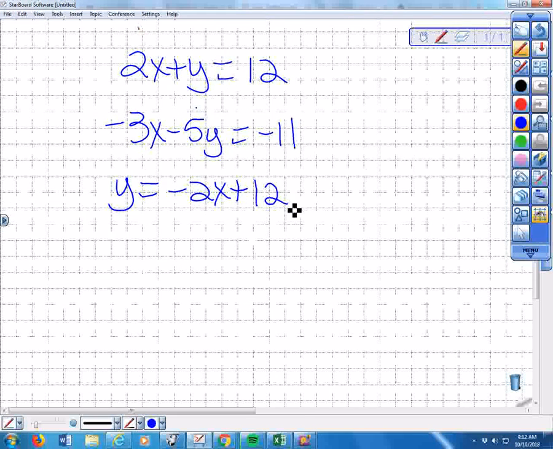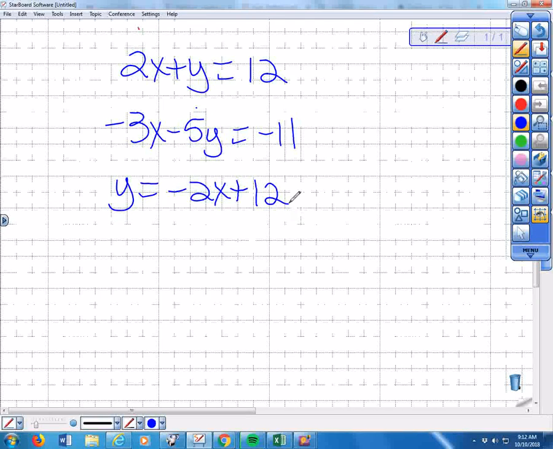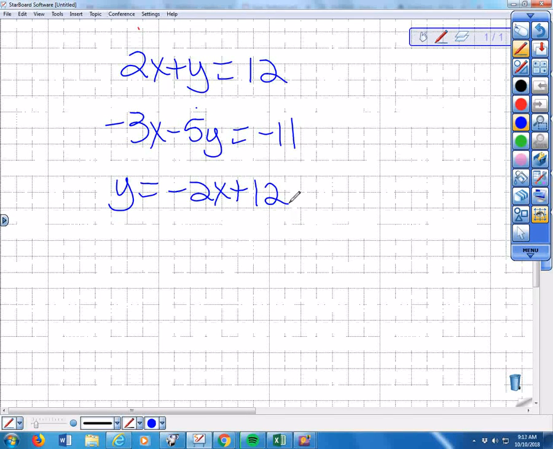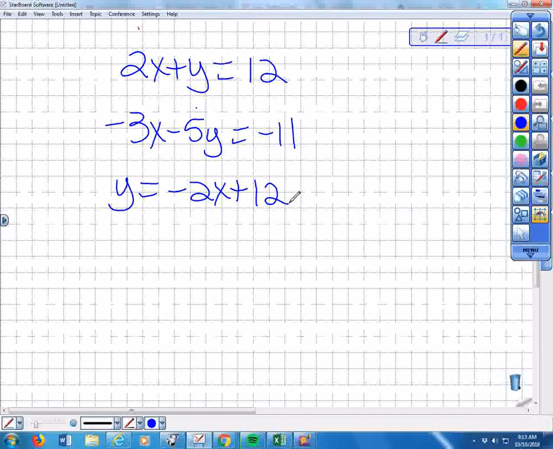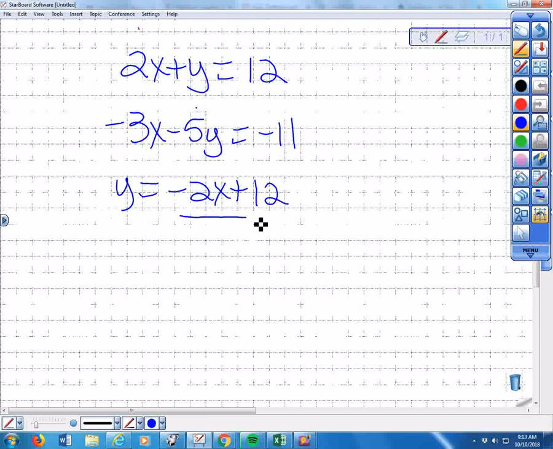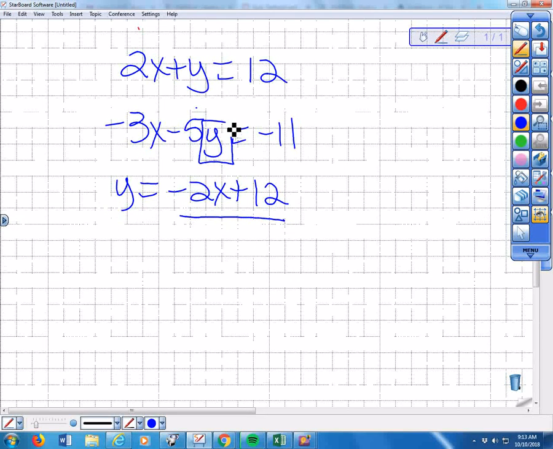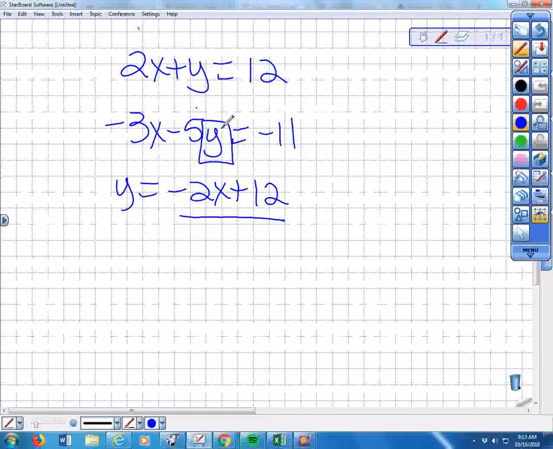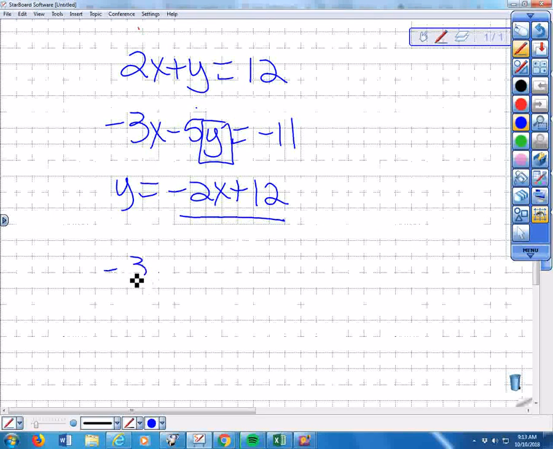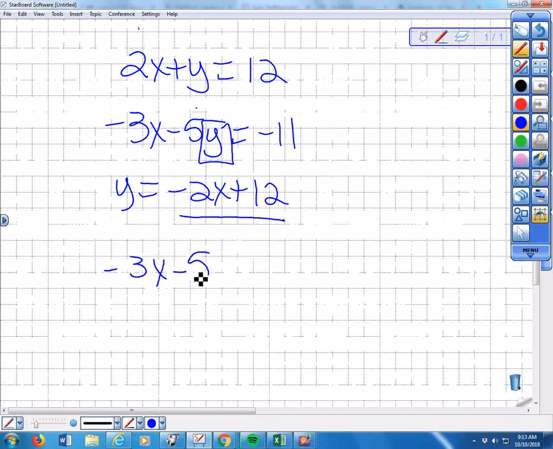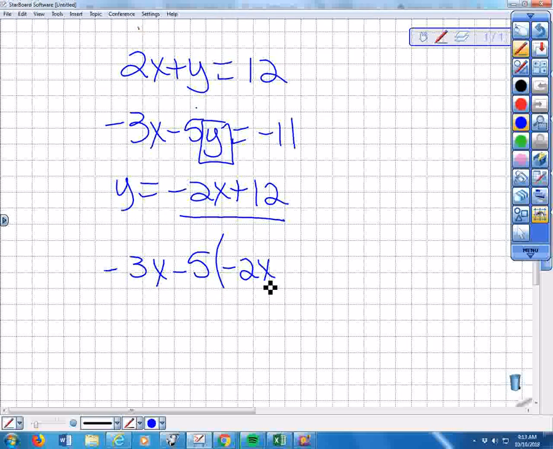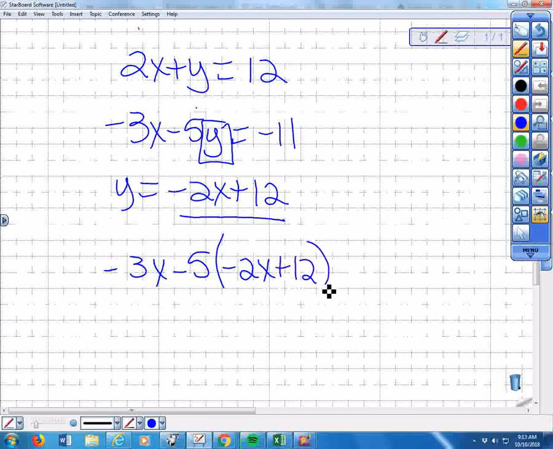And I get this. Okay? Now, I'm going to substitute this in for y here. Okay? So I'm going to get negative 3x minus 5 times (negative 2x plus 12) equals negative 11.